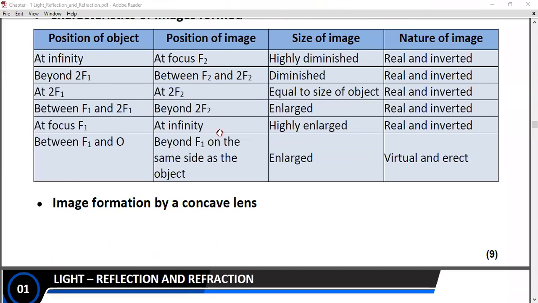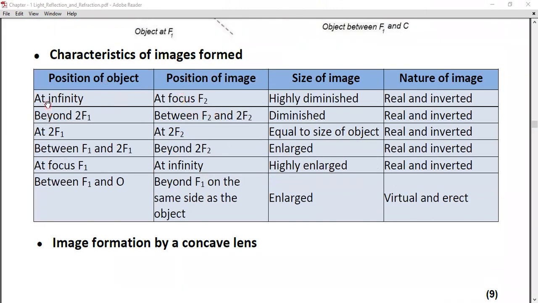Now, all the 6 cases can be understood with the help of this tabular form. For the convex lens, which is quite similar to the concave mirror, at infinity you can expect the image at the second focus, highly diminished, real and inverted, right, students? And in the second case, beyond 2F1, the image is between F2 and 2F2; F1 is the first focus, F2 is the second focus, diminished. At 2F1, the image is at 2F2, equal size.